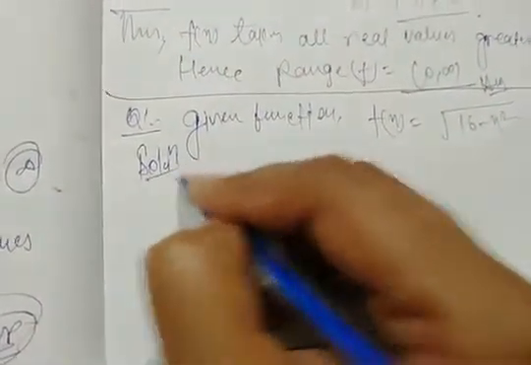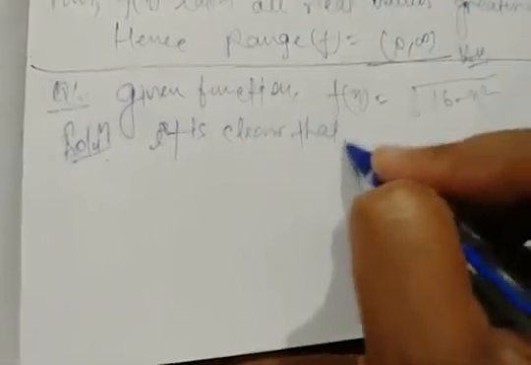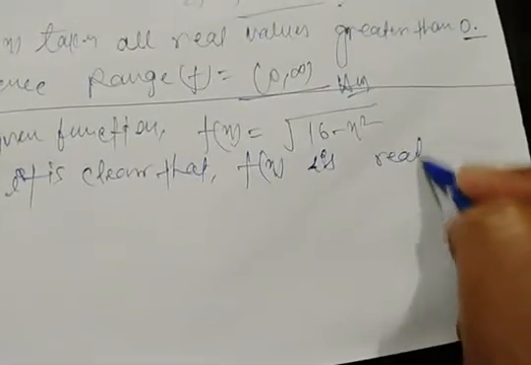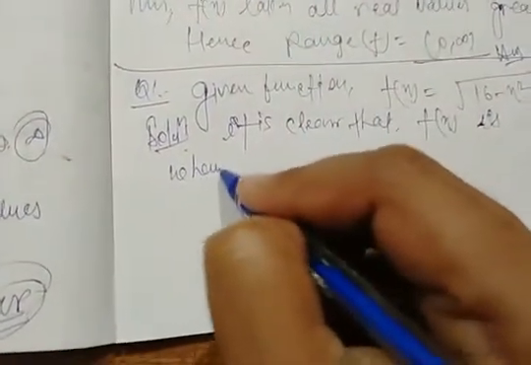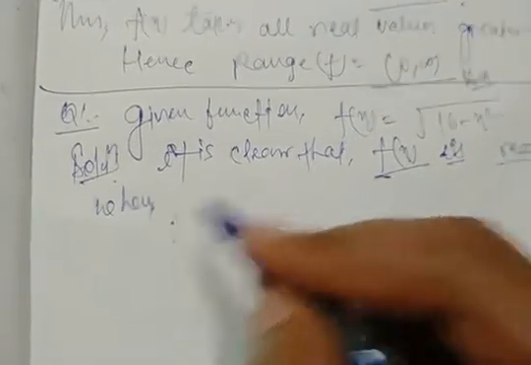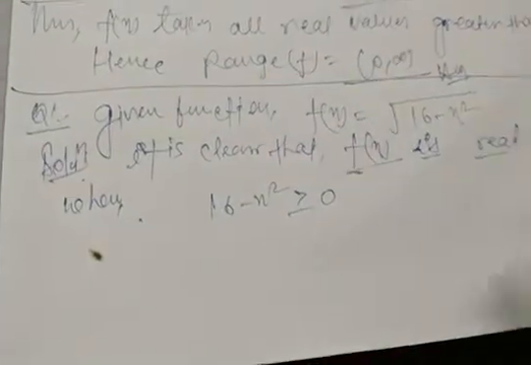Now let's solve it. It is clear that f of x is real only when 16 minus x square is greater than or equal to 0.